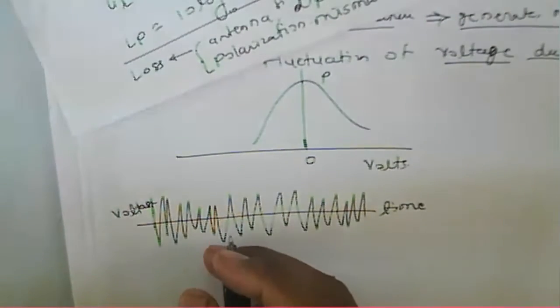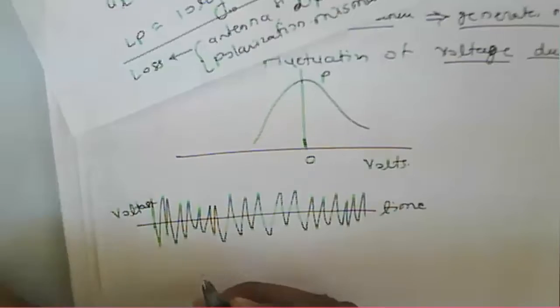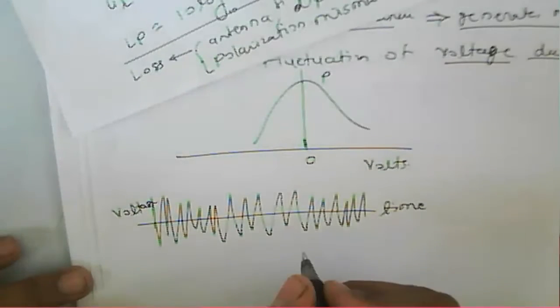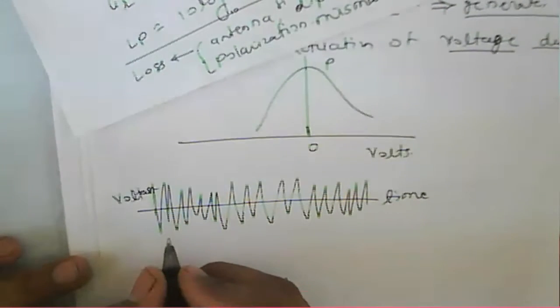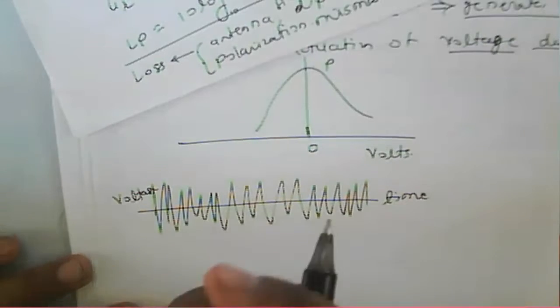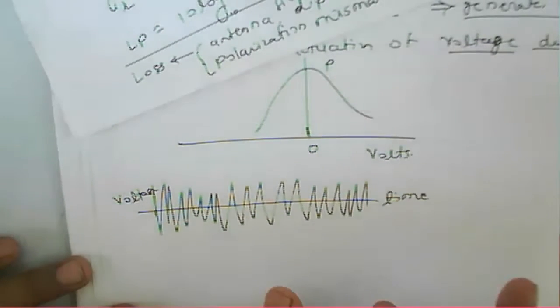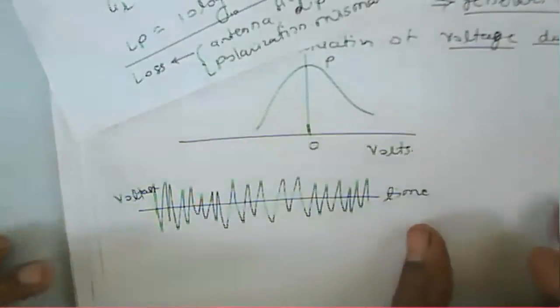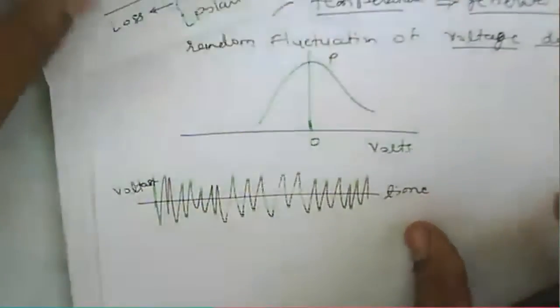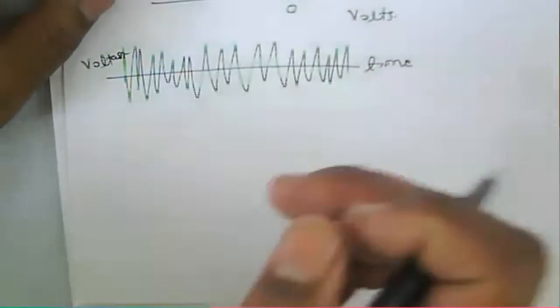So low noise amplitudes occur more frequently, and high noise amplitudes occur less frequently, and they have a Gaussian distribution around the 0 volt value.